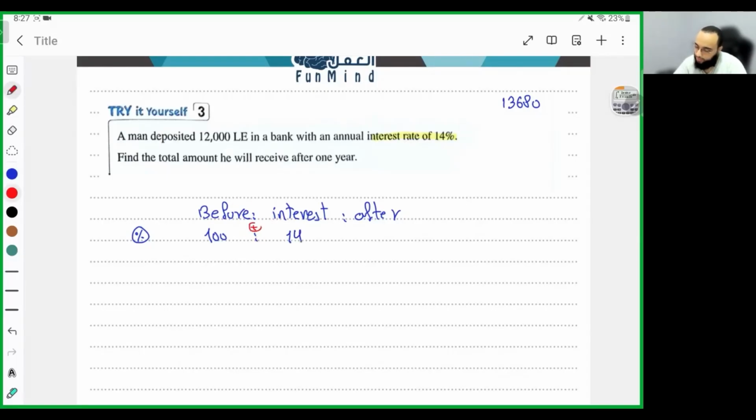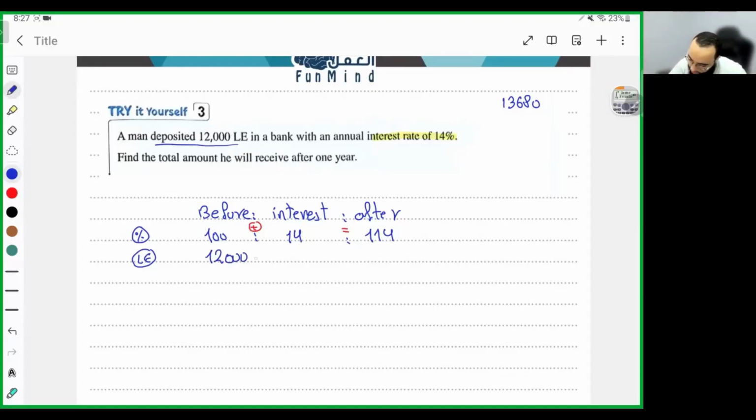Is adding because it's increasing the money. 100 plus 14, this is the LE, the amount of money. And deposited, you know, deposited means what? Means to put the money inside the bank. So this amount is before the interest.